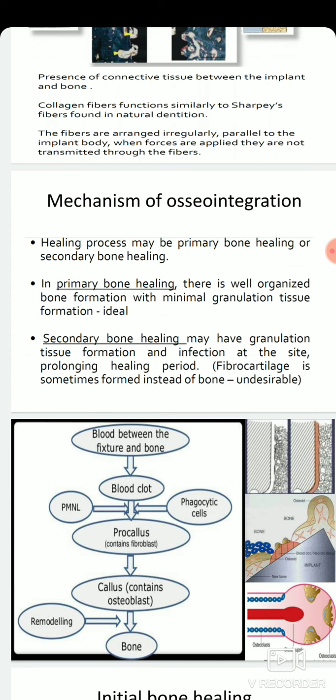Whereas in secondary bone healing, there may be granulation tissue formation and infection at the site, prolonging the healing period, where fibrous cartilage is sometimes formed instead of bone. This is an undesirable type of bone healing for osseointegration to occur.